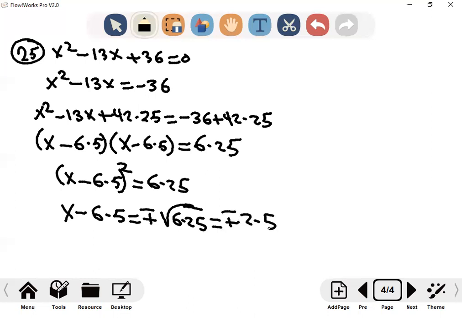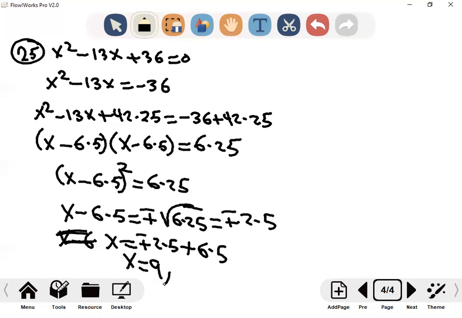Shift this there. x equal plus minus 2.5 plus 6.5. Take it once plus and once minus, so 2.5 plus 6.5, 9. So x can also be negative 2.5 plus 6.5, 4. So we have 9 and 4. This is question 25.